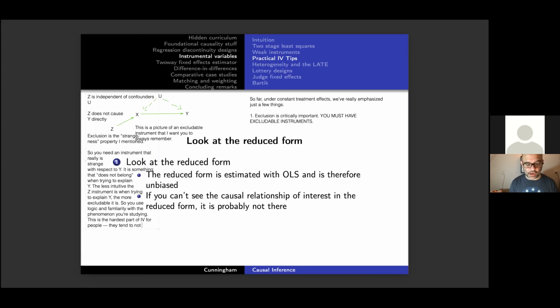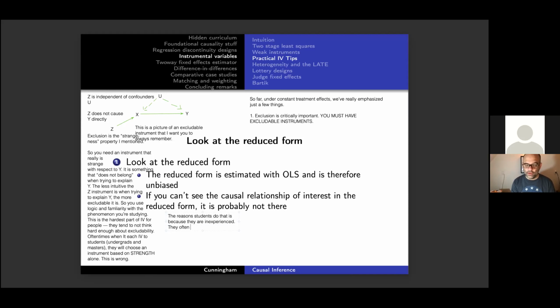They tend to not think hard enough about excludability. Oftentimes when I teach IV to undergrads and masters students, they will choose an instrument based on strength alone. This is wrong. The reason students do that is because they are inexperienced.